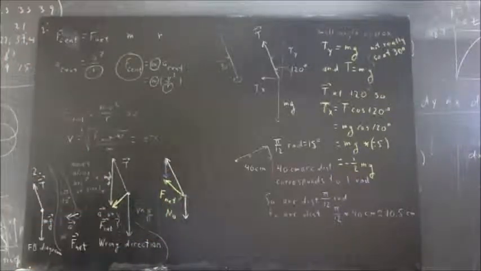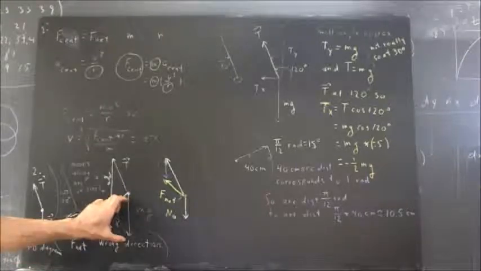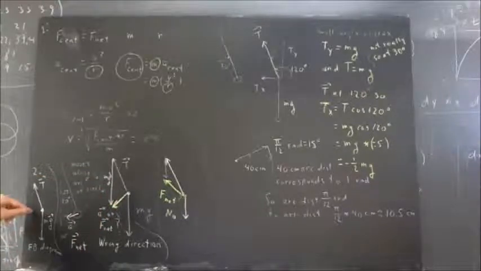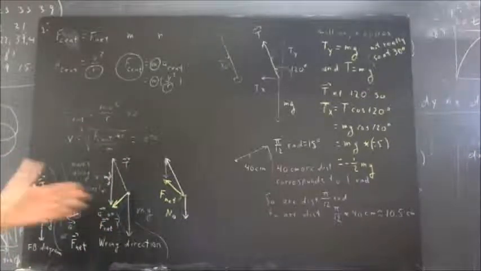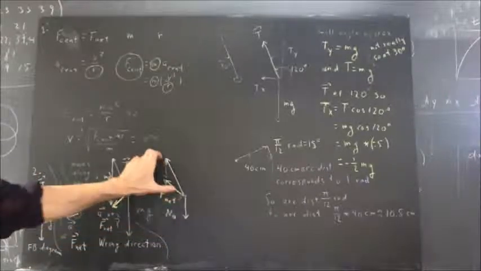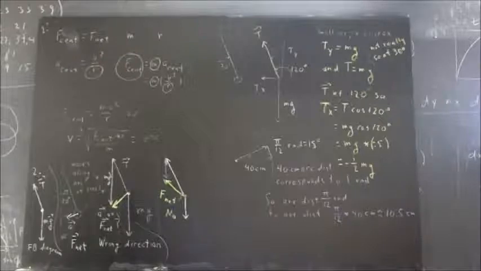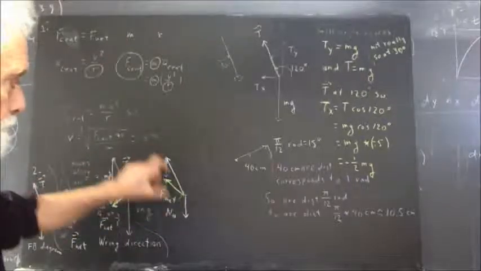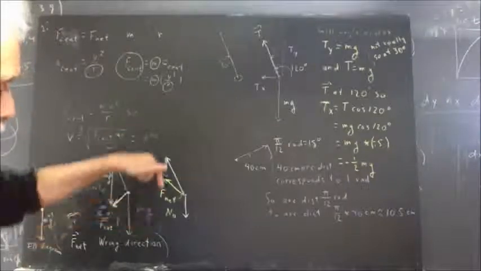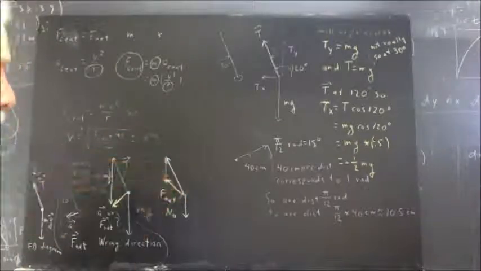A good attempt at drawing the vectors to scale would be one where you actually had to take this vector, put it here, and construct it to see that it isn't right. This one or this one are pretty good attempts. This is not. This is clearly way too short for this. If you visualize putting this together with this, you don't even need to draw it. You can see it's just not going to give you a resultant at 20 degrees below horizontal.